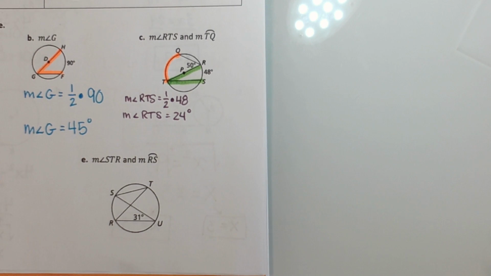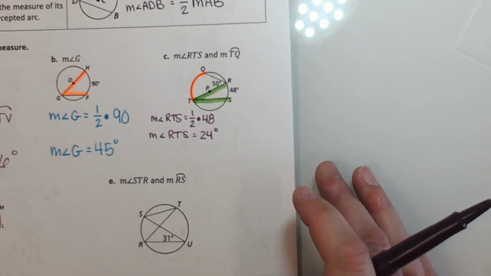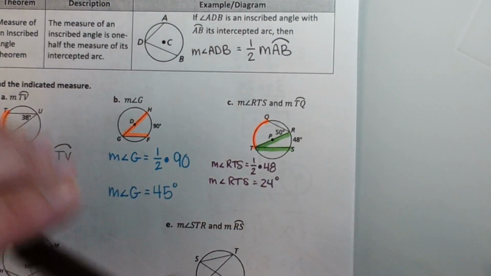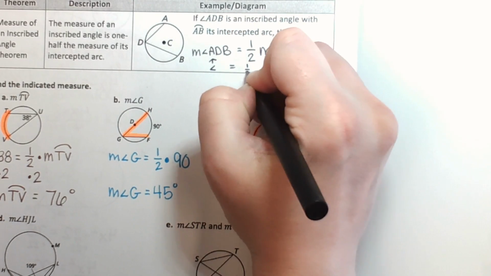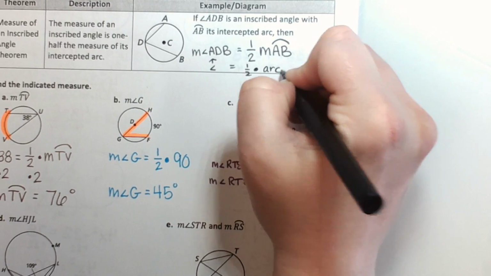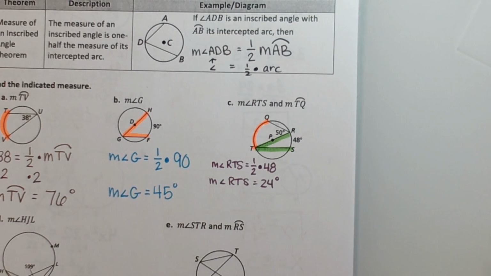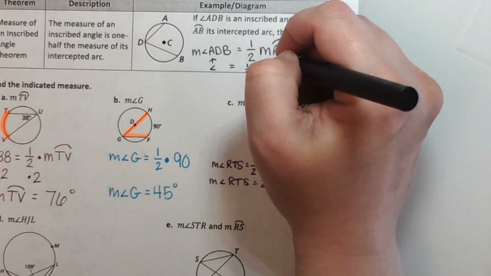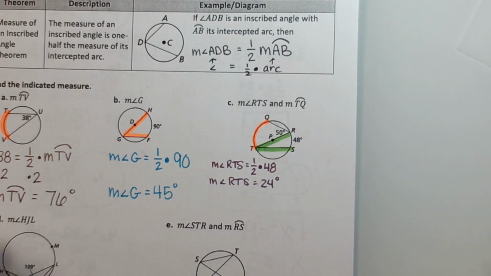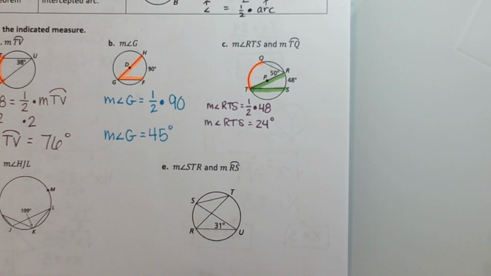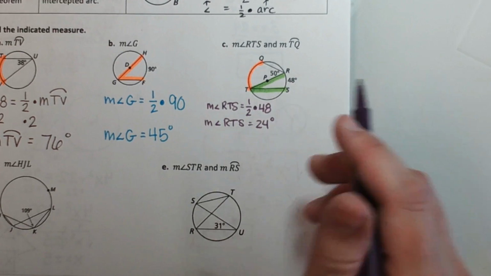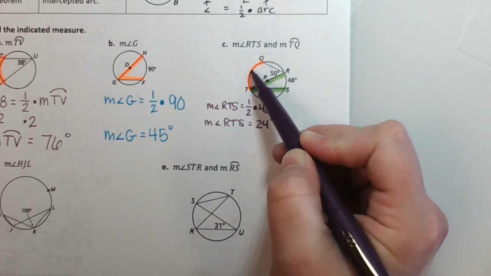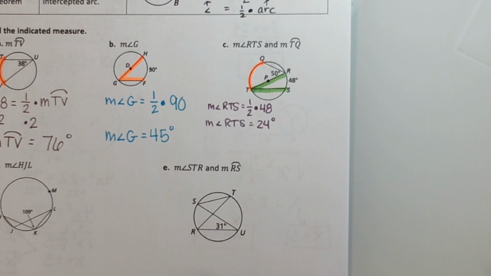I also want the measure of arc TQ. In the equation, key thing: angle equals 1/2 times arc. You got to make sure you're putting things in the right spot in that equation. So this time, when I'm working with finding the arc TQ, do I know its corresponding angle?